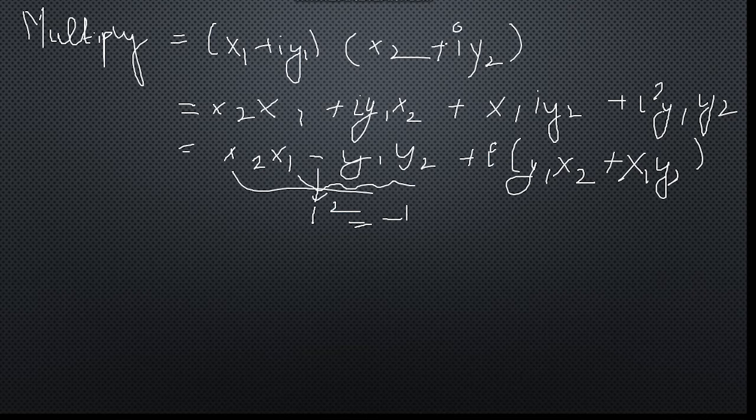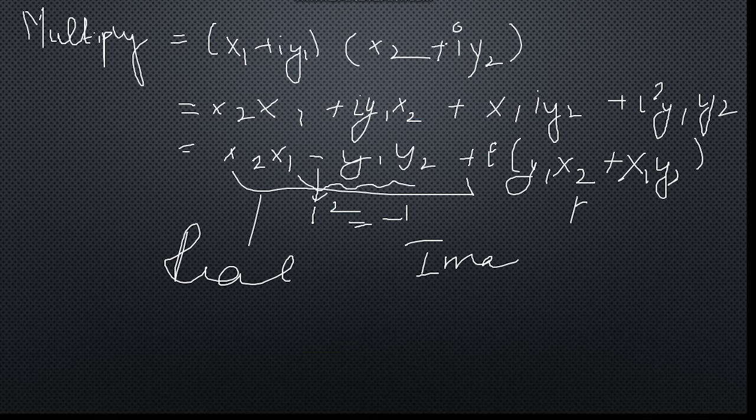The real part is x1 x2 minus y1 y2, and iota times y1 x2 plus x1 y2 is the imaginary part. Therefore, we can conclude multiplication of two complex numbers gives us a complex number.